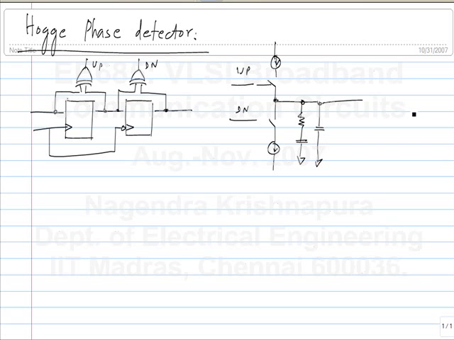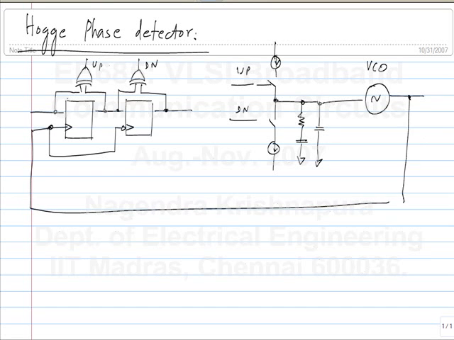Okay, and these go to a VCO. The VCO output is fed back as the clock. Okay. And this is the data, and the recovered data comes out of here. Okay, and this itself is the recovered clock.